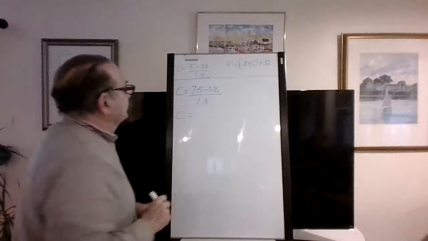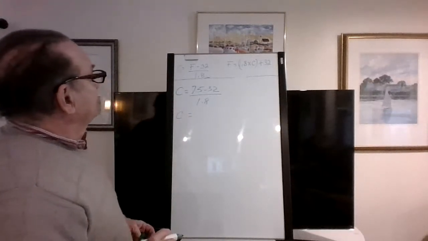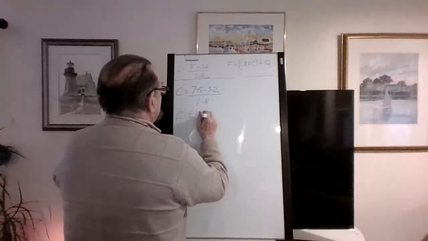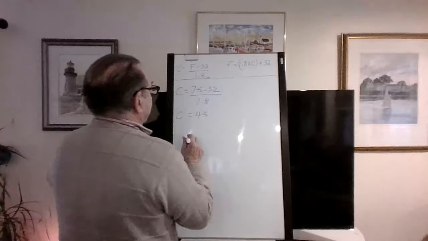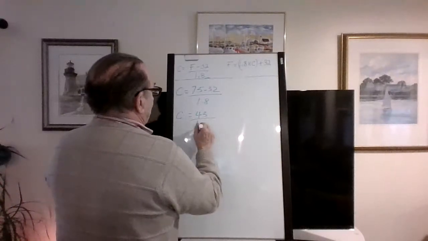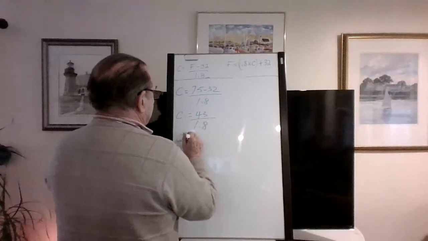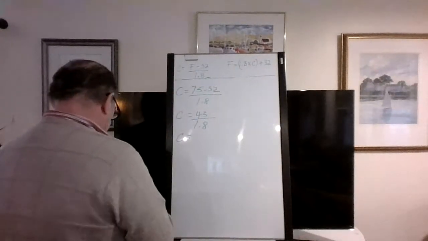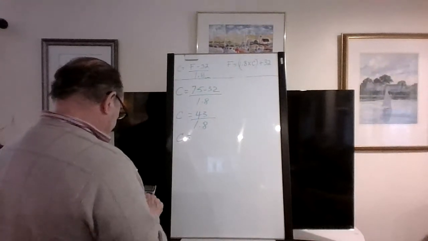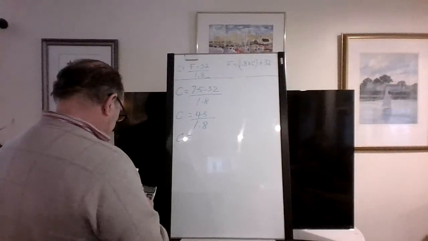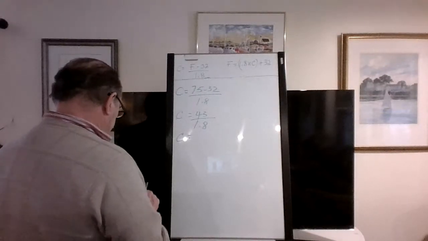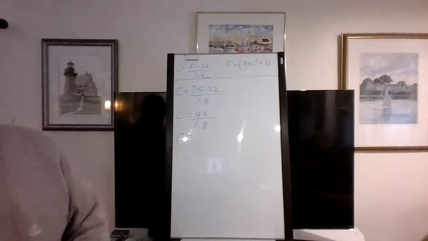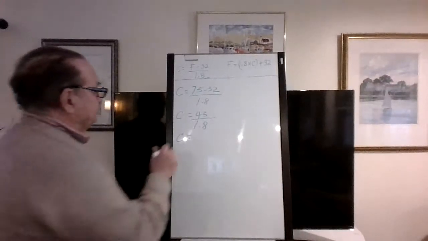All right, so 75 minus 32 looks like 43 divided by 1.8. It's like 23.88.